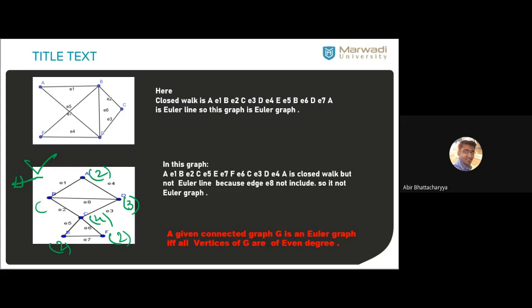You can start from any vertex, let's say A, then go to B, then go to D, then go to C, then E, F, and back to C, and we stop. There is no movement further. So one edge is left. Since one edge is left, we cannot complete our work through all the edges. That's why it is not a Euler graph.